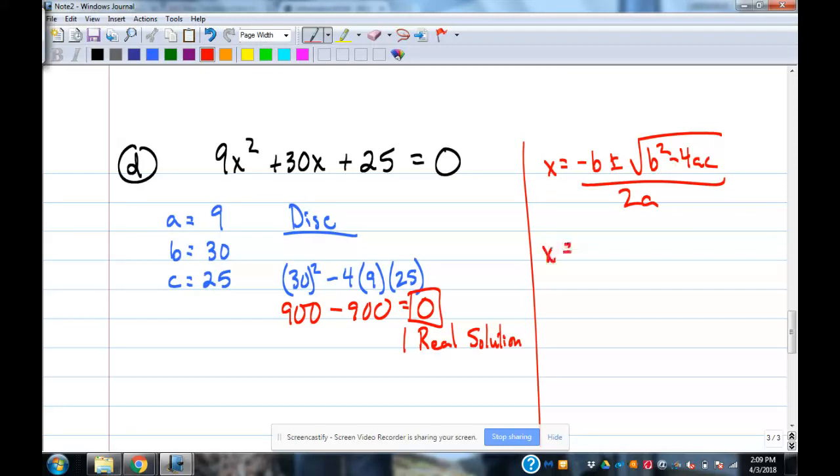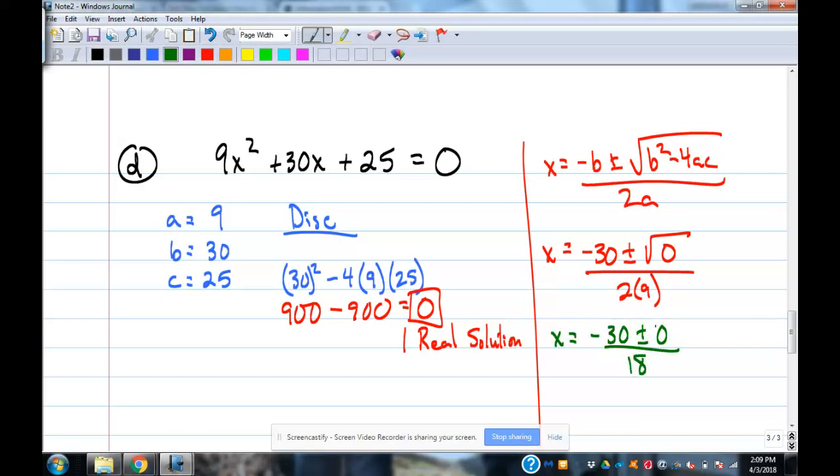Okay, so x equals negative b, which would be negative 30, plus or minus the square root of 0, over 2 times 9. What's the square root of 0? 0. So we have negative 30 plus or minus 0 over 18.